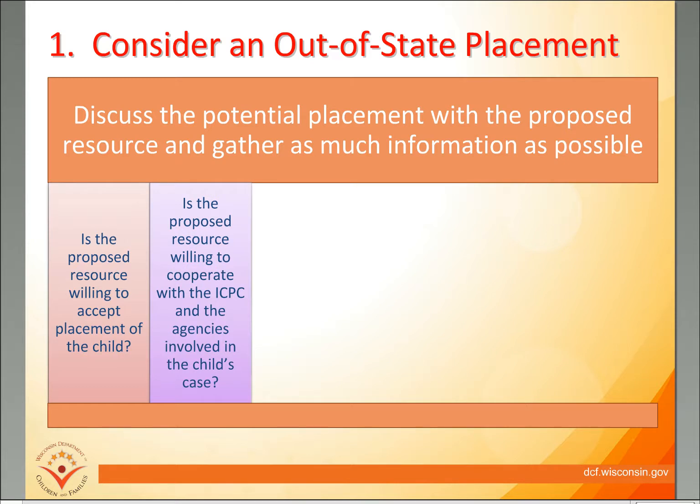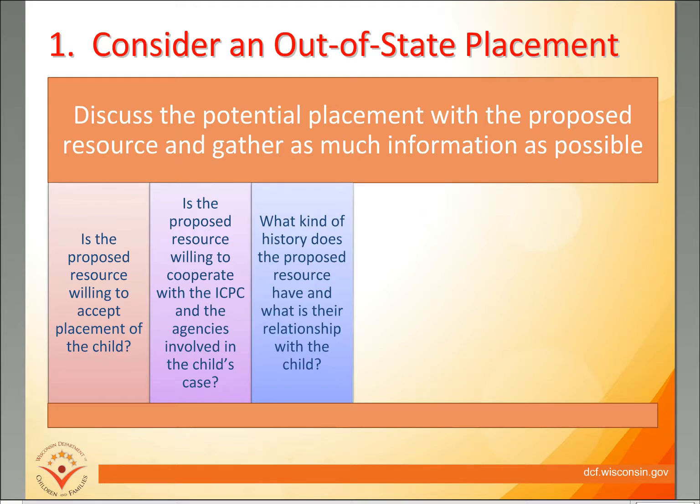Second, is the proposed resource willing to cooperate with the ICPC and the agencies involved in the child's case? You should note that each state has different requirements for studying a proposed resource. For example, some states require that all placement resources have to be licensed. You should get an understanding from the resource what requirements they are willing and able to meet in order to later avoid delays or confusion.